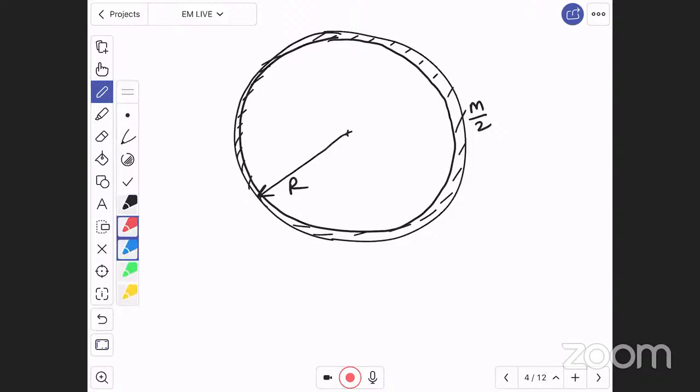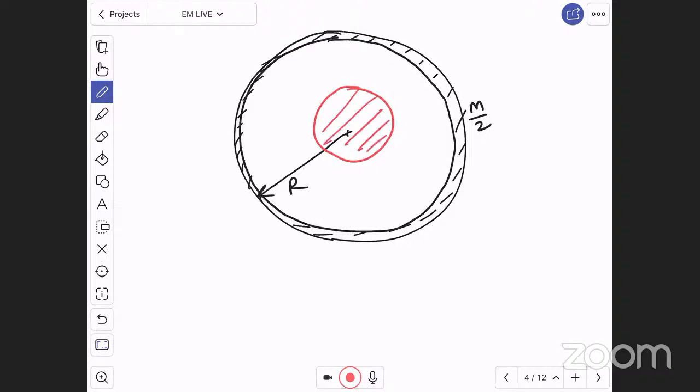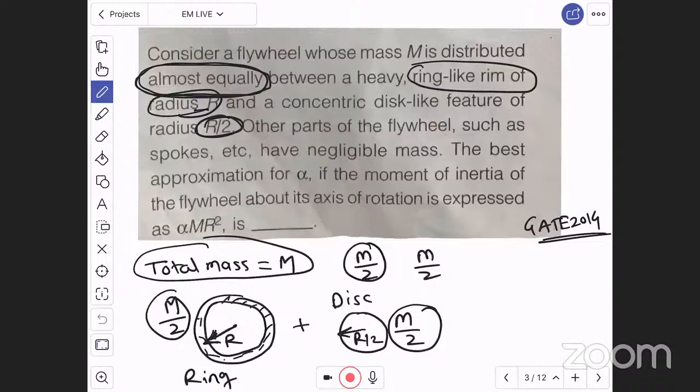There is a concentric disc of radius r by 2 and mass also M by 2. In between there are the spokes, like wires. The question says their mass is negligible, so the mass of the spokes is ignored.